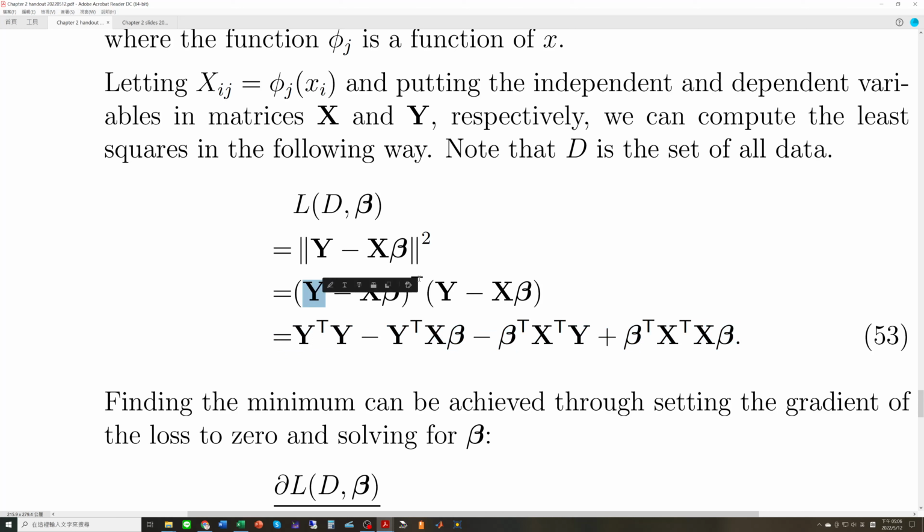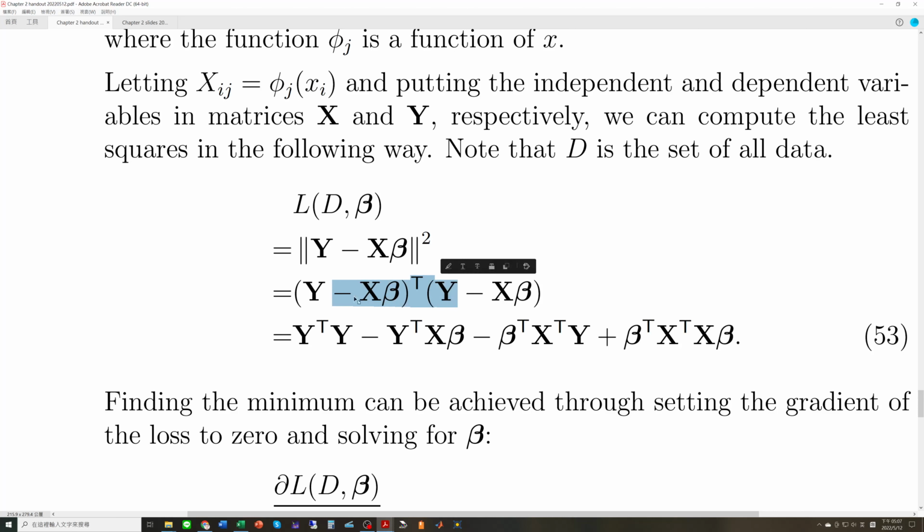First is y transpose times y, which is equal to y transpose y. The next term is y transpose times negative X beta, which is negative y transpose X beta.